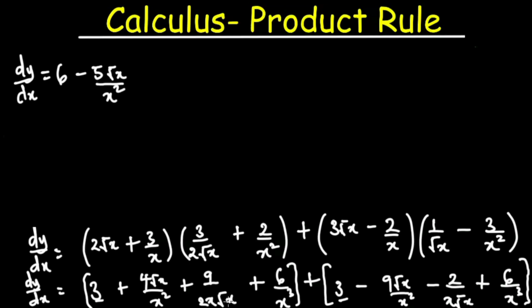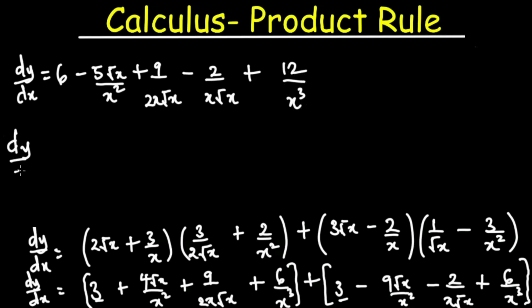Now we have 9 over 2x root x minus 2 over x root x. So these have different denominators, so we can write that out. 9 over 2x root x minus 2 over x root x, plus 6 over x cubed plus 6 over x cubed, that will be 12 over x cubed.